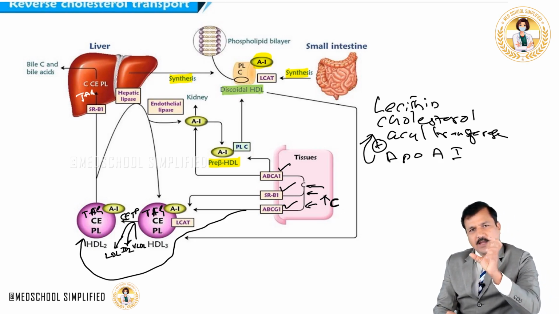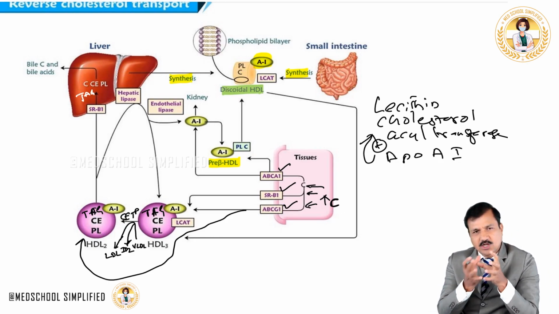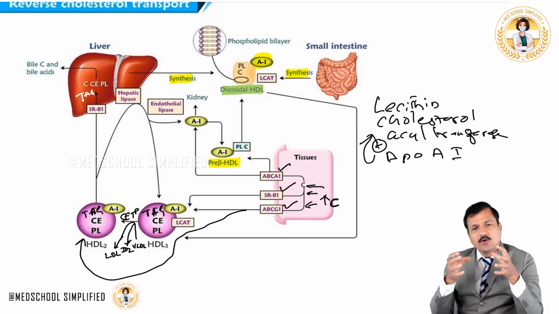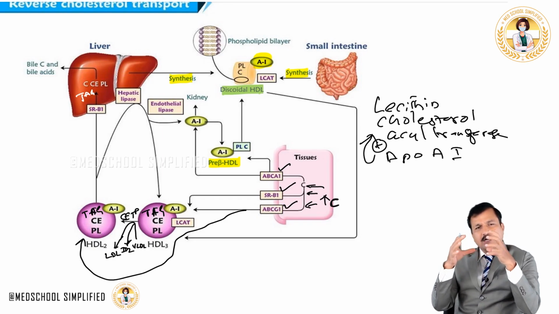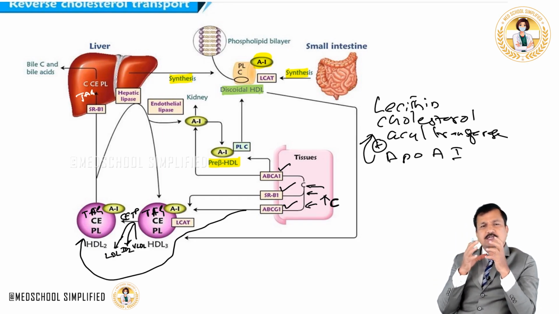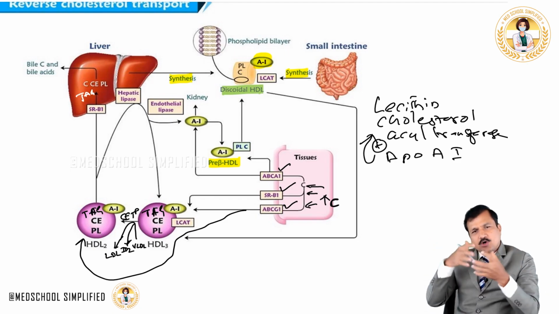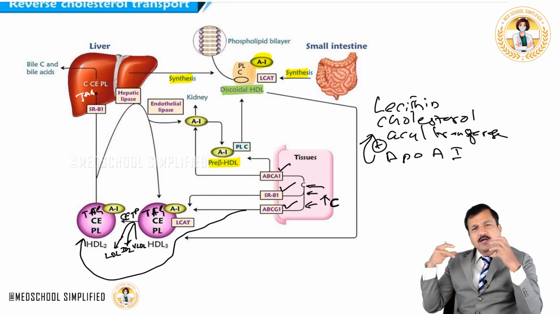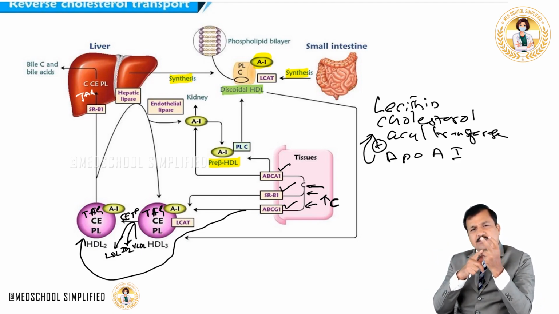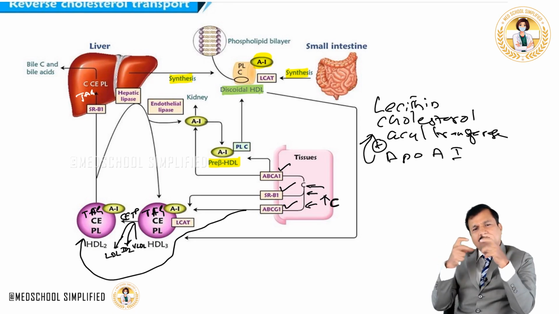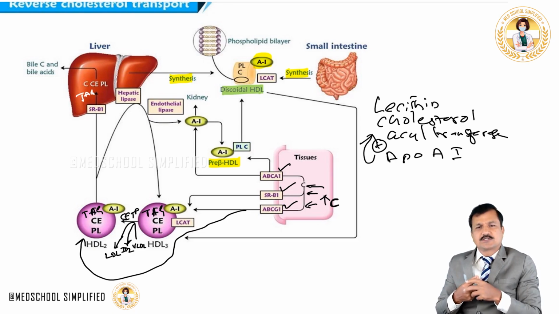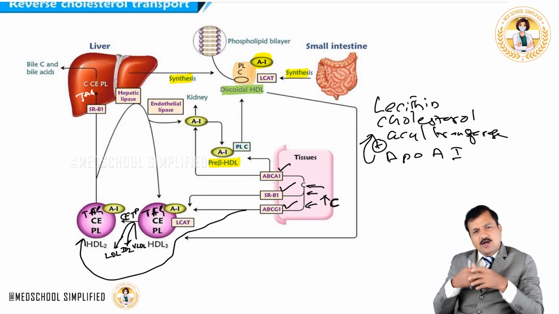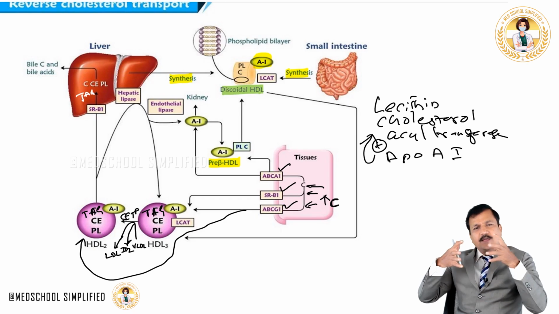So in association with Apo A1 and LCAT, the cholesterol that is coming out of the peripheral tissue will be converted into cholesterol ester, and it will be stored in the interior core of this nascent discoidal HDL. As more and more cholesterol ester is loaded into the nascent discoidal HDL by the continued action of ABCA1, SRB1, ABCG1 along with Apo A1 activating LCAT, and LCAT converting cholesterol into cholesterol ester, all this is continuously going on, and the molecule is now becoming big.